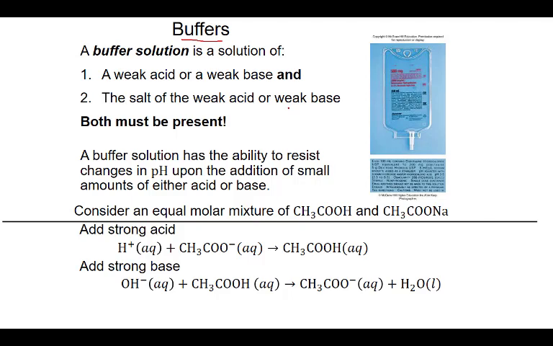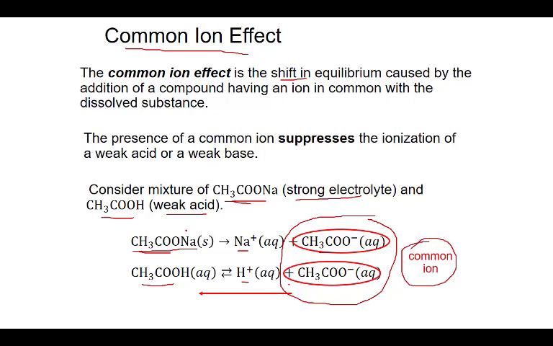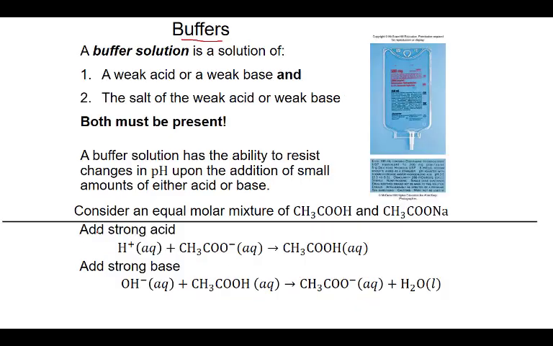It is a mixture of a strong electrolyte and the weak acid. In this mixture, if you put a little bit of acid or base, the pH will not change. So if the pH is not changing, then it becomes a buffer, and that's a special combination.